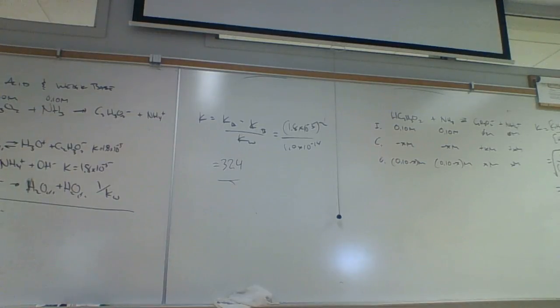So let me redo it one more time. This is going to be X is equal to 0.569 minus 5.69X. And so 6.69X is equal to 0.569. X is equal to 0.0850.